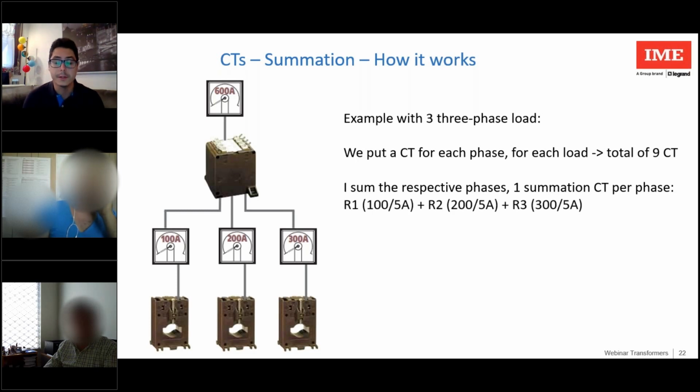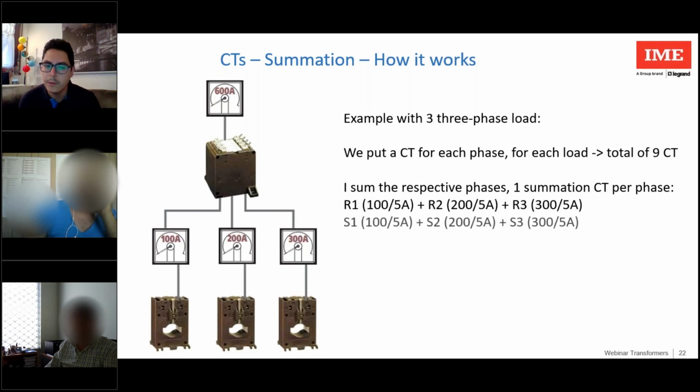So I take the first phase R, which has installed a CT 100/5 amps. The second phase R has installed another CT with a ratio of 200/5 amps, and the third phase has installed a CT 300/5 amps.